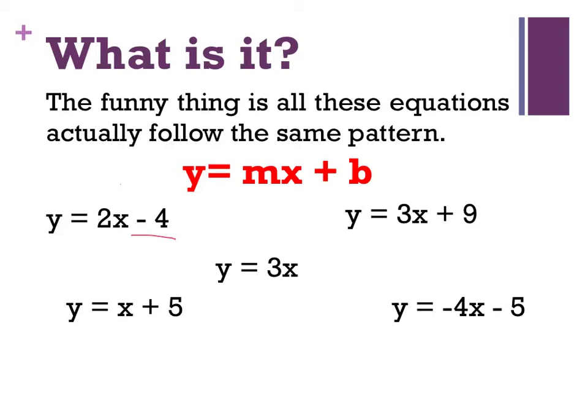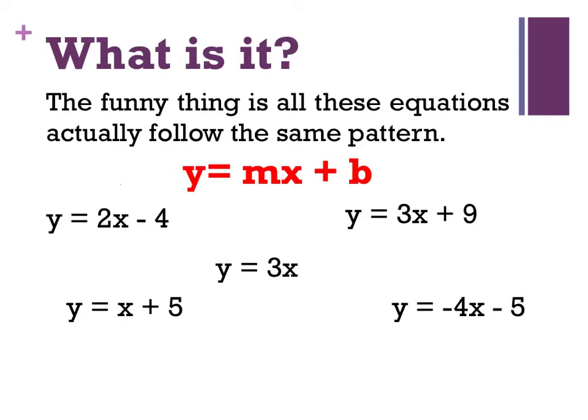Let's have a look at this example down the bottom. Y equals x plus 5. Now, there's no number in front of the x. When there's no number in front of the x, what does that mean again? Oh, okay, I remember now. It means that there's 1.